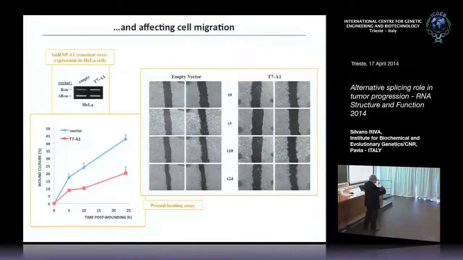In this case, instead of the migration through the membrane, it is a wound healing example. So you take a layer of cells, you make a strip with a pipette point, and if the cells go through EMT, the wound heals, and it doesn't heal if A1 acts.